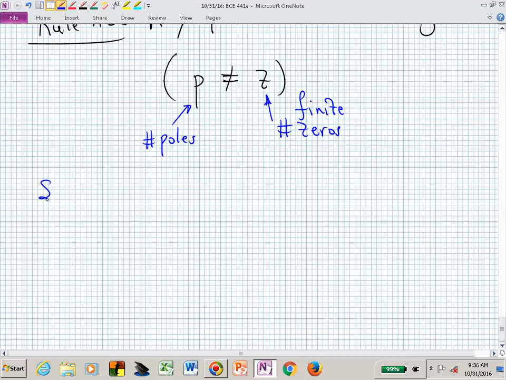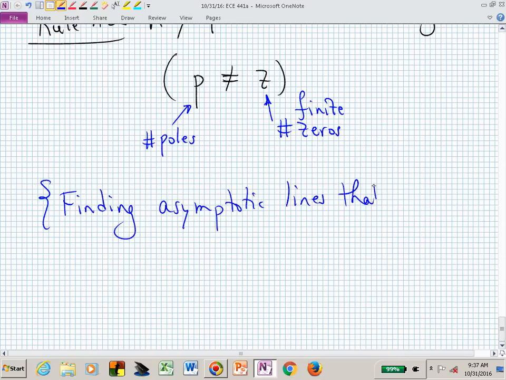What we want to do now is say that we are finding asymptotic lines that help in the selection or in the sketching of the root locus.